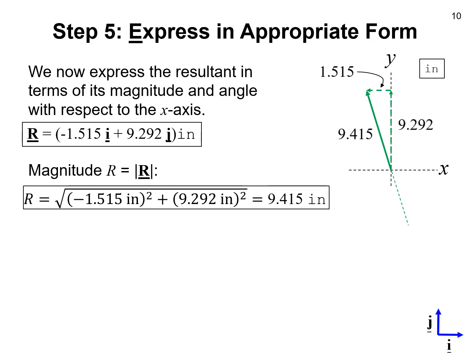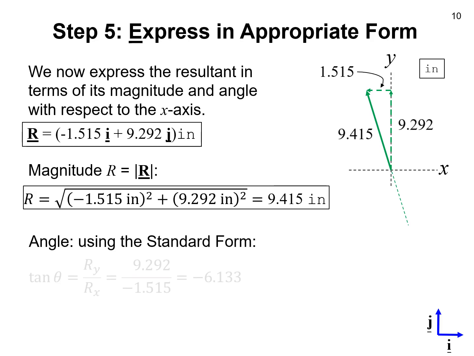Finally, we need to get an angle. And here I'll say that if we use standard form, the tangent of theta is defined as the y component divided by the x component. So I'm going to take 9.292 and divide it by negative 1.515, because those were the values of the given components.